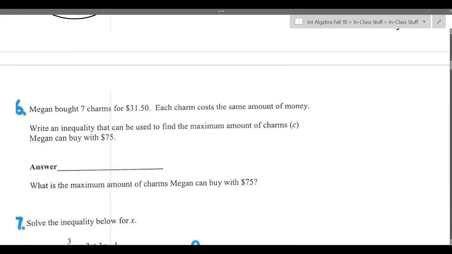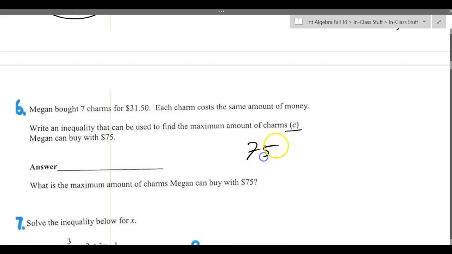All right, that's a little word problem here. 7 charms for 31.50. Each charm costs the same amount of money. Write an inequality used to find the maximum amount of charms she can buy with $75. So let's see. We should have 7 charms for 31.50. It says C. Okay.